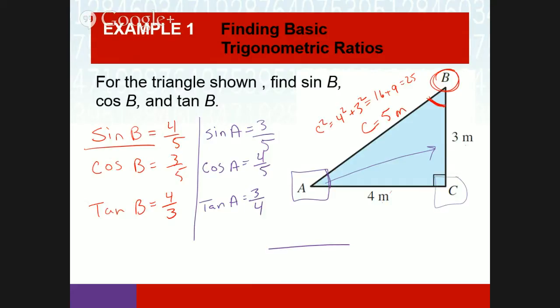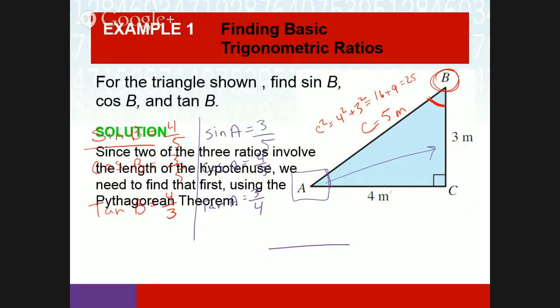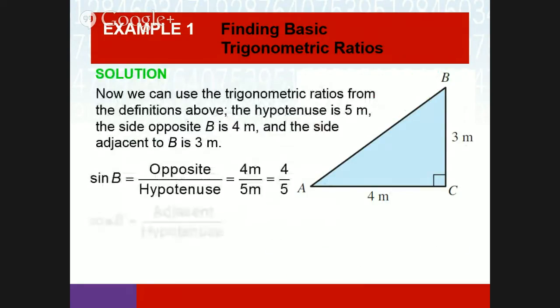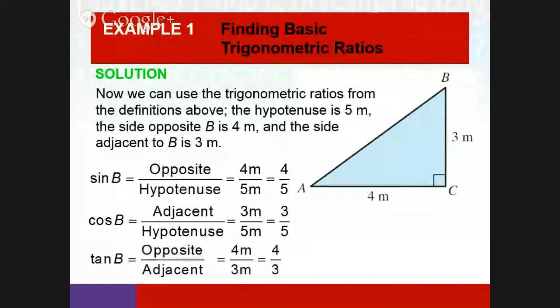So the first thing we had to do was find the hypotenuse, and we get our three answers for sine, cosine, and tangent. Question?